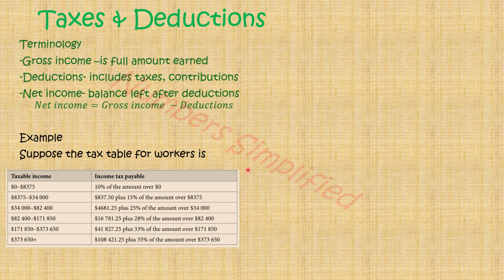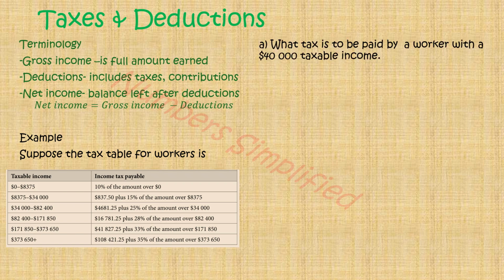Then we are going to have 3 questions. The first one is this. A. What tax is to be paid by a worker with a 40,000 taxable income? So the solution. The first thing that we note is the salary is within the 25% bracket.